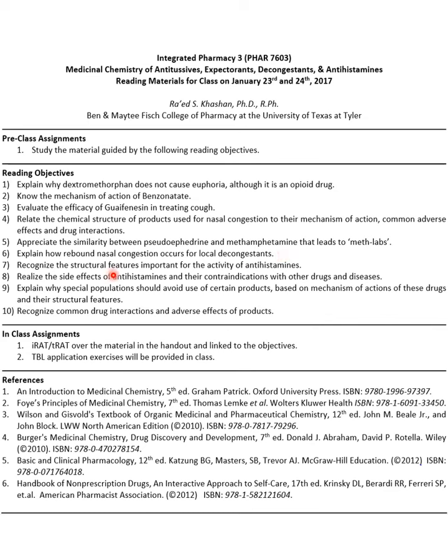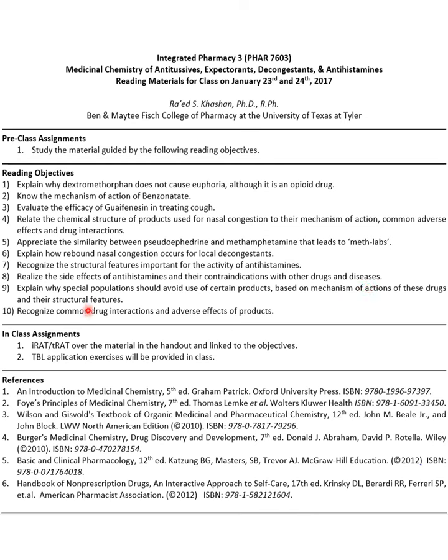And then recognize the structural features important for the activity of the antihistamines, both first generation and second generation. And then identify the side effects associated with the use of the antihistamines, mainly the first generation, and their contraindications with other drugs and diseases.